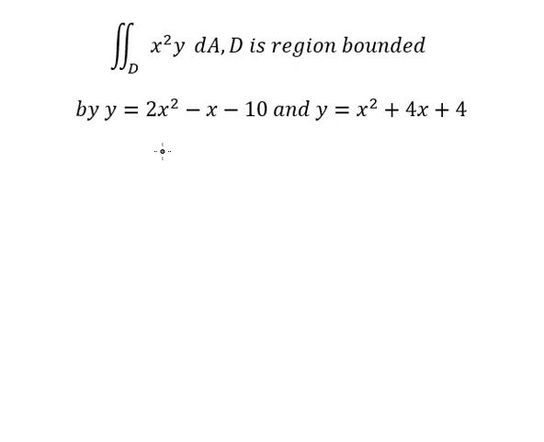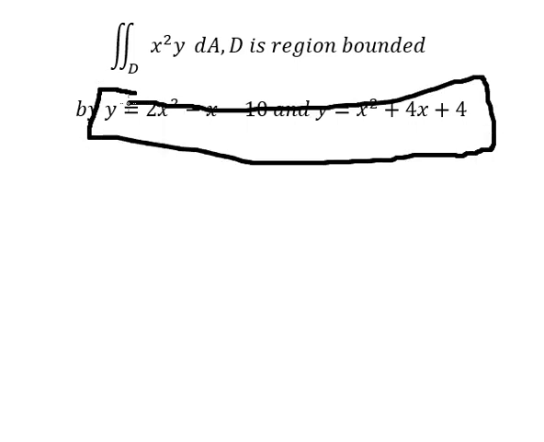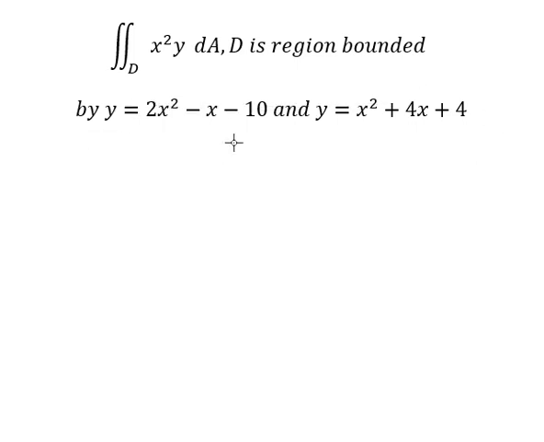So today I will show you how to find these double integrals in here. The first thing we need to do is graph this one. So that should be like this.